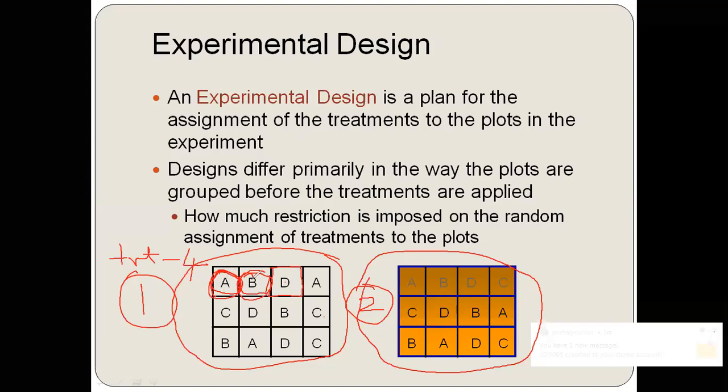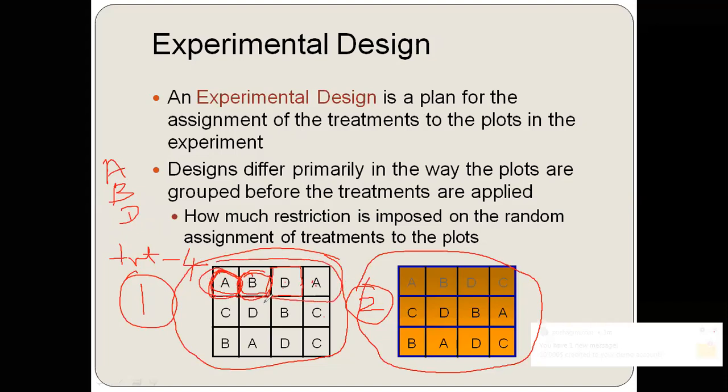So here A, B, D, A. But it doesn't matter. Here we have allocated these treatments. So we have A, B, D from the first row, that is what we found.